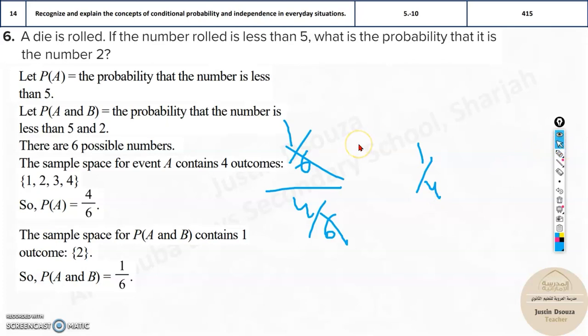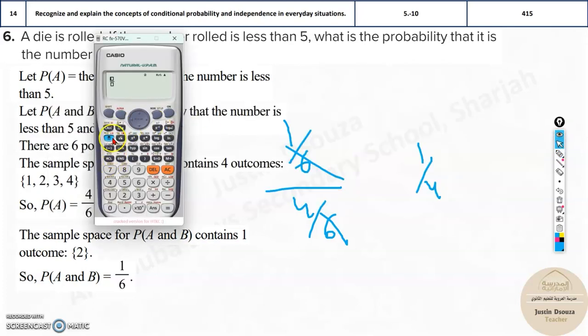Or if you're getting confused, just put it in the calculator. You'll get the answer 1 divided by 6, the entire thing divided by 4 by 6. Let me just clear it off. 1 by 6 divided by 4 by 6.